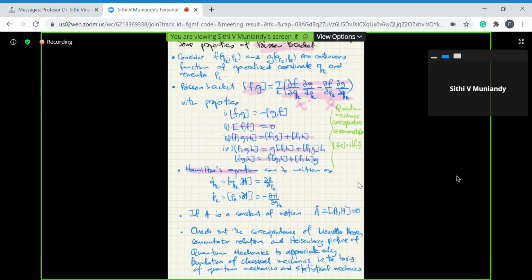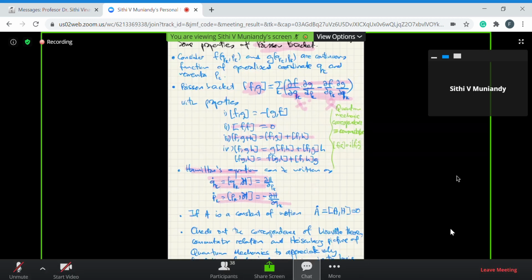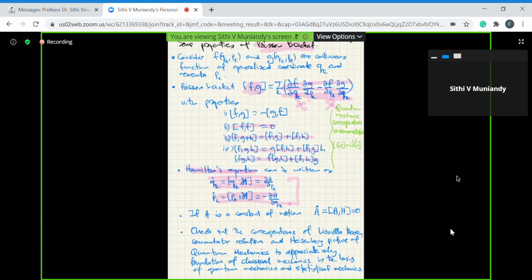In that case, you can write down the Hamiltonian equation as a part of a commutator relation. All right. So this is a very interesting and important departure point for quantum mechanics. This equation is called the Heisenberg representation. This is the Heisenberg equation of motion for quantum mechanics.